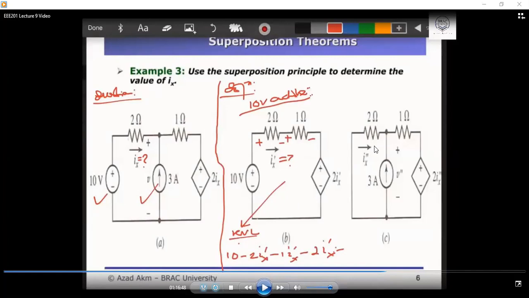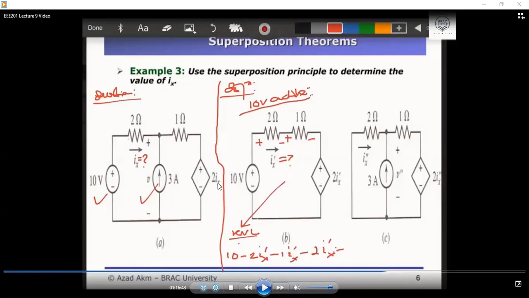Second experiment, it is Ix double prime. But in this Ix prime, what will be the current? If you want to find it, you have to apply the KVL in this loop, and you can easily understand the equation coming: 10 minus 1 into Ix prime, and this 2Ix is the voltage value.